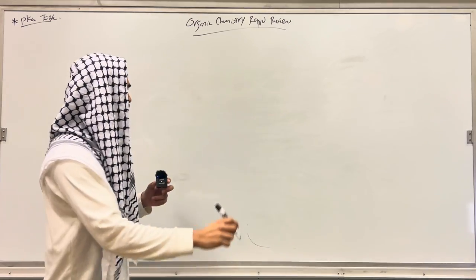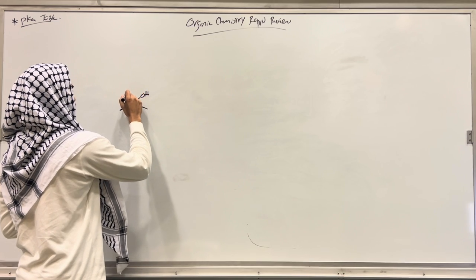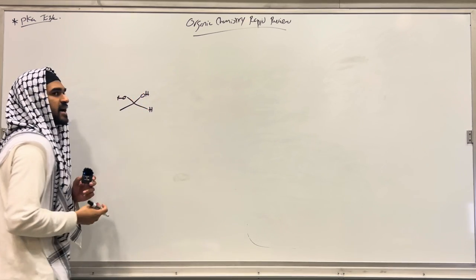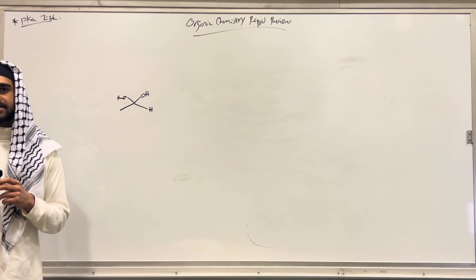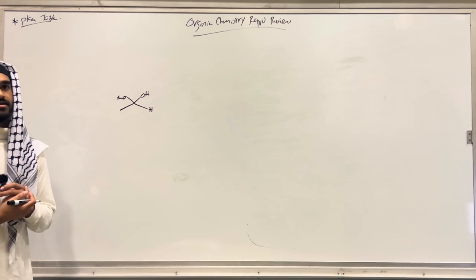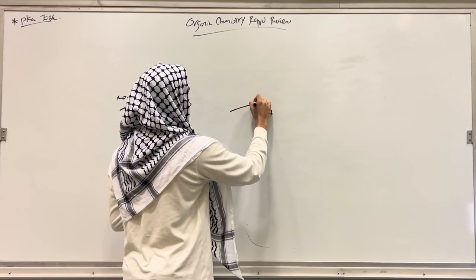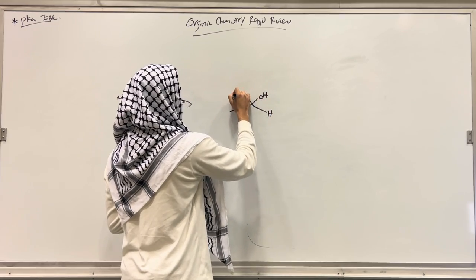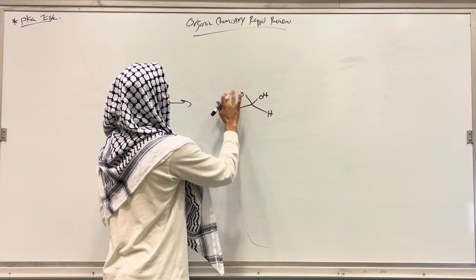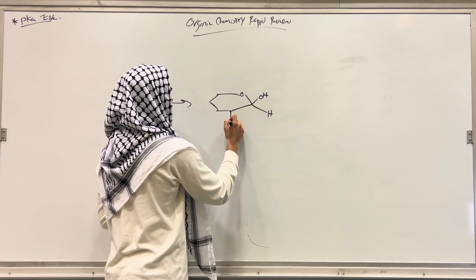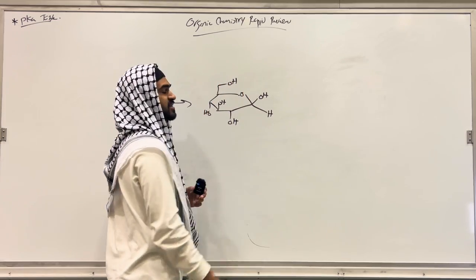Now, when we talk about hemiacetals, sometimes it's hard to see exactly where this happens until someone takes it and rewrites it a different way. This R can be anything, right? He said the R could be anything.